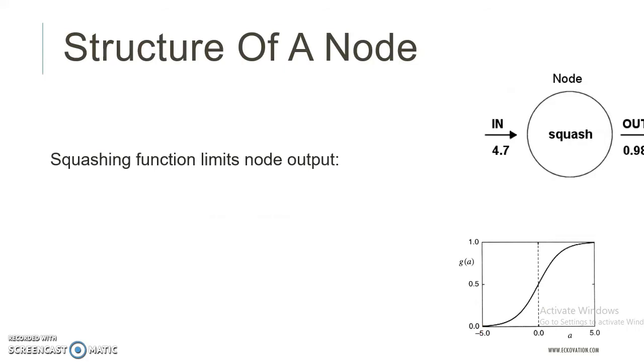In this node, it's clearly mentioned here, when we get an input from different nodes, let's suppose this one is a node, this one is a node, this one also a node, then through some weights we get an output.